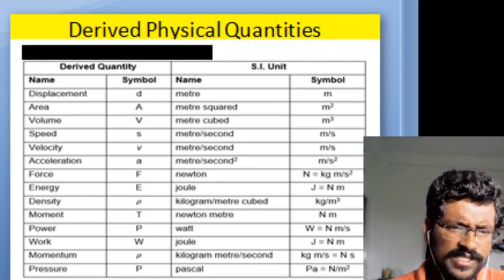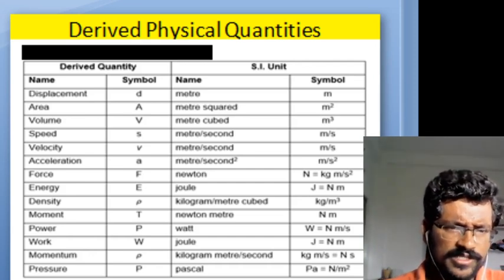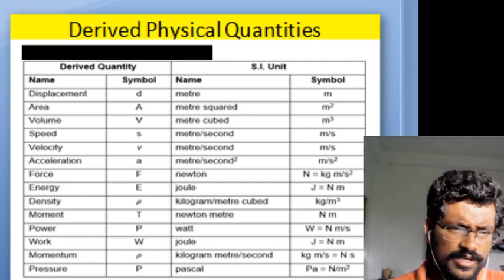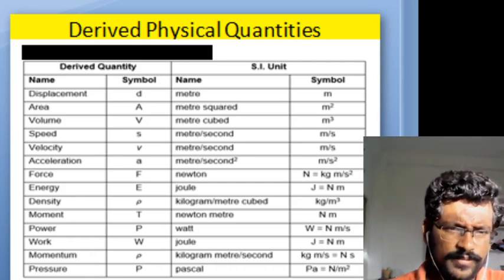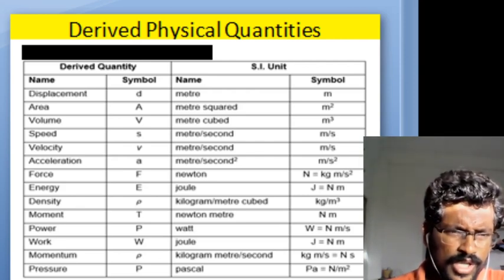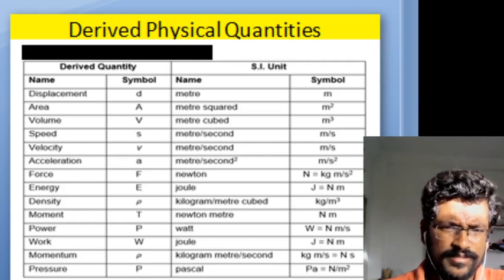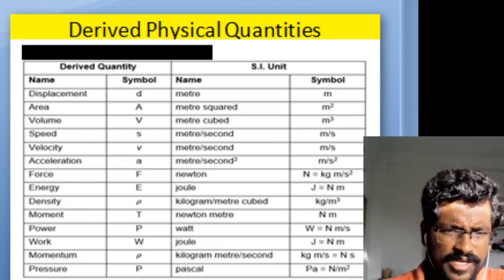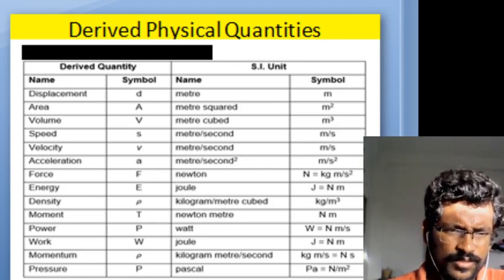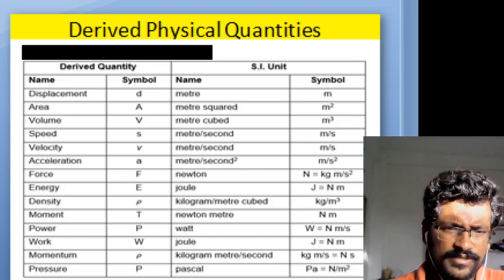Displacement is denoted by S or X. Displacement is always in SI units of meters, and the SI units of force is kg meter per second square, which is Newton, so work has the SI units of Newton meter.